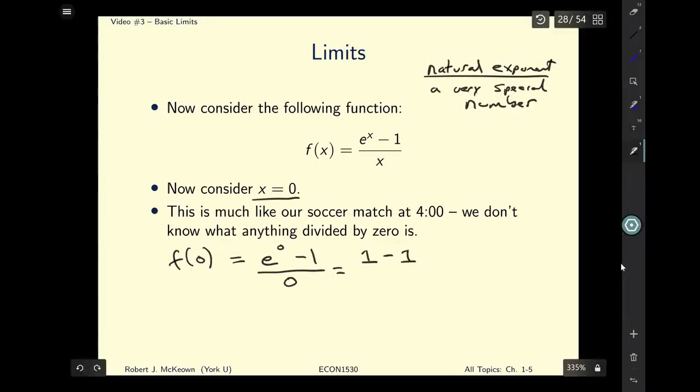And that goes back to the real numbers we learned at the very beginning of this course. And we get this sort of absurd, ridiculous kind of answer that we've got 0 divided by 0. And of course, no one on the planet Earth has any idea what that means. And so we say that it is undefined.